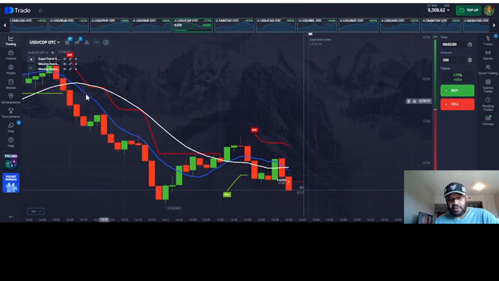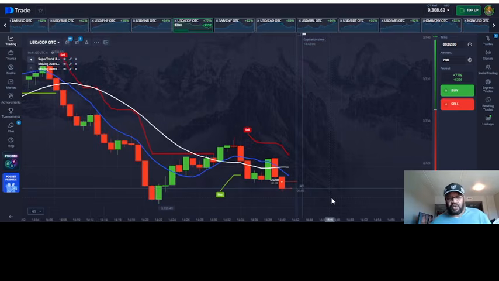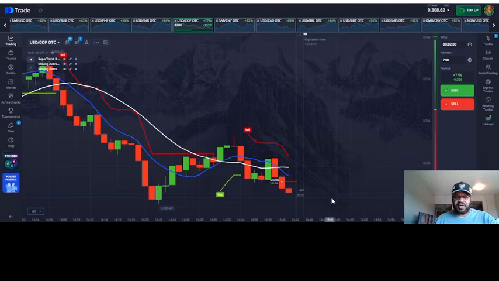And then we're also seeing a bearish trend in the price action. So all of these confluences suggest a continued bearish momentum to the downside in the price of the OTC pair here. So let's monitor this trade and wait for the expiration.